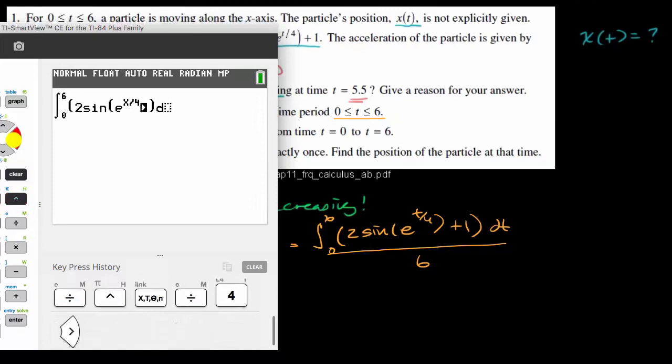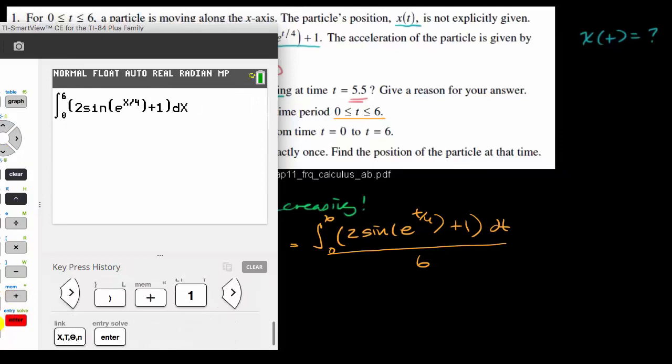So that's my sine, and then let me close the parentheses for the sine, plus 1. And then I'm integrating here with respect to x just because it was more convenient. And I am going to get that.